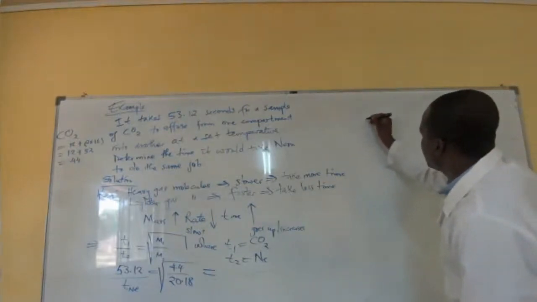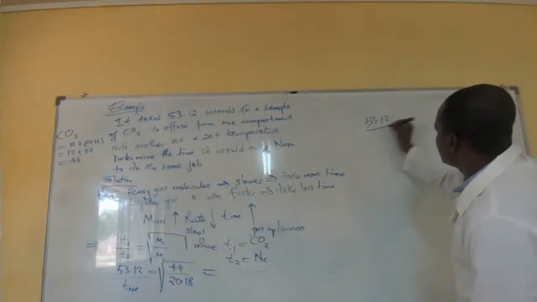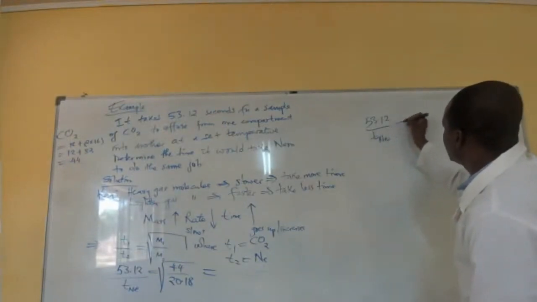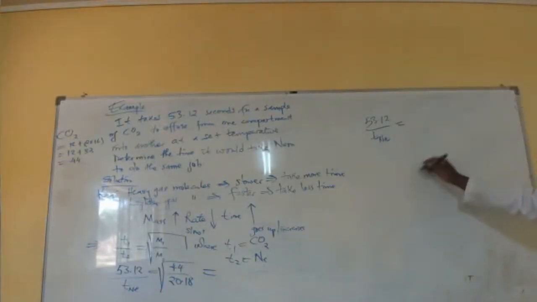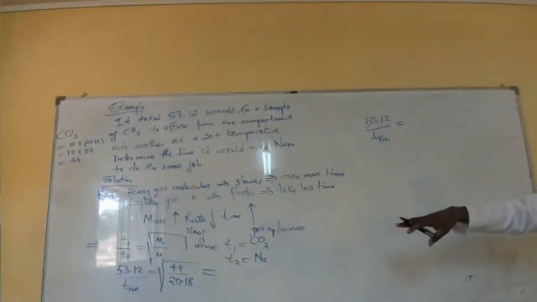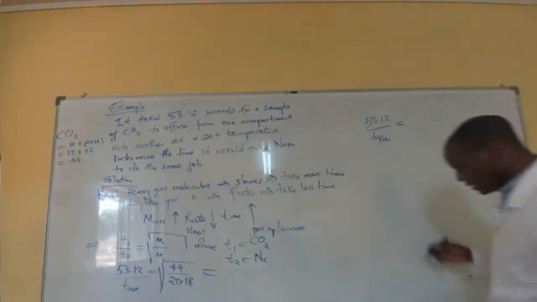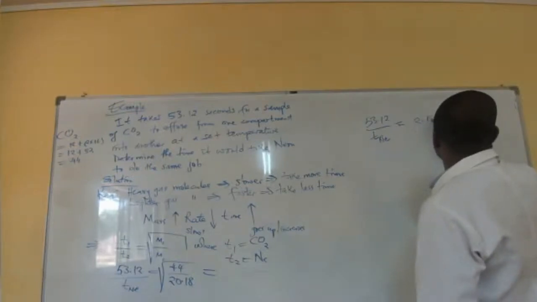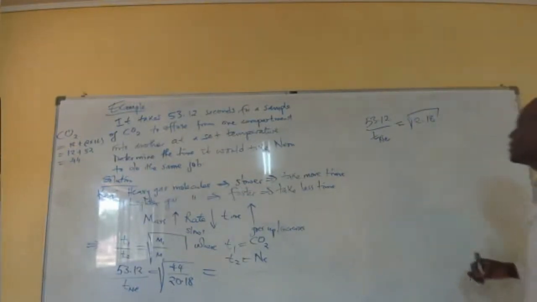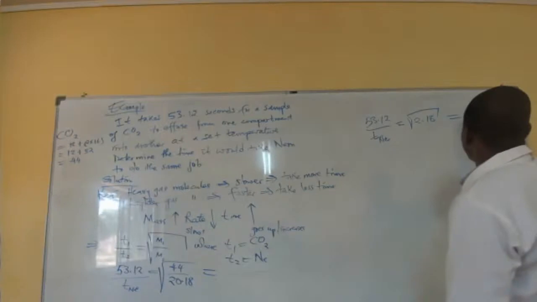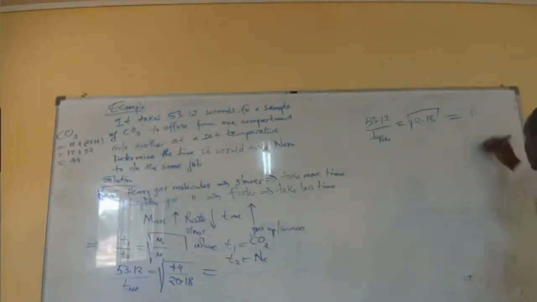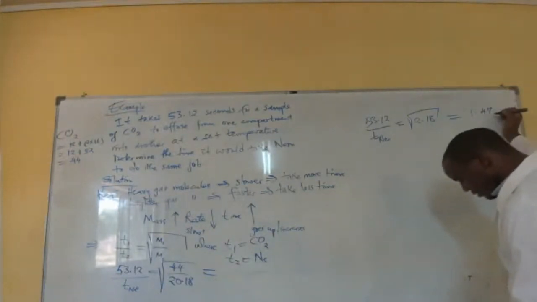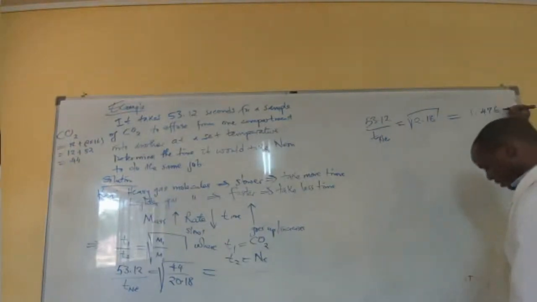What we're going to have is 53.12 divided by the time for neon, which will be equal to, when you simplify, 44 over 20.18, and then you divide that, you're going to get 2.18. When you square root that, you should get 1.47648.